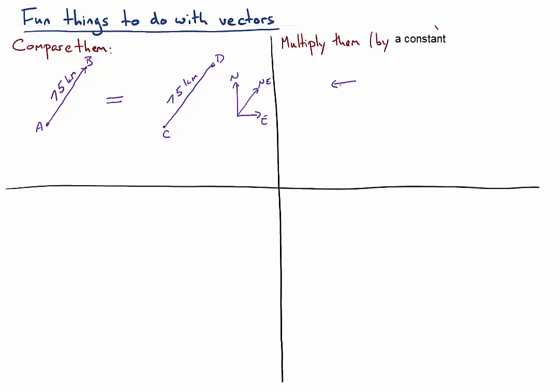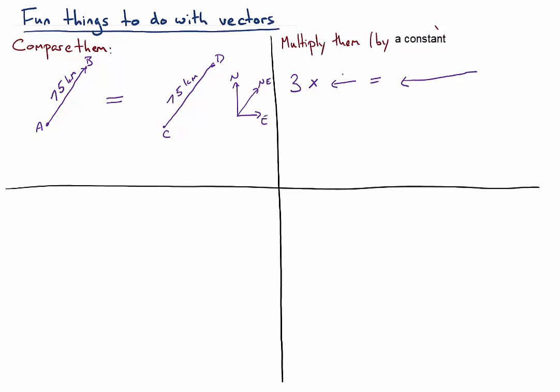If I then saw someone spraying graffiti on a wall across the courtyard, which would never happen here, of course, I might suddenly increase my speed by 3 times. So I could multiply my vector by 3, and that will give me a vector which is, look at that, 3 times as long.